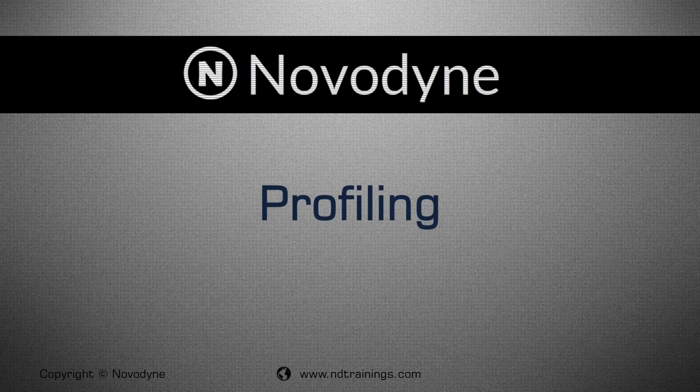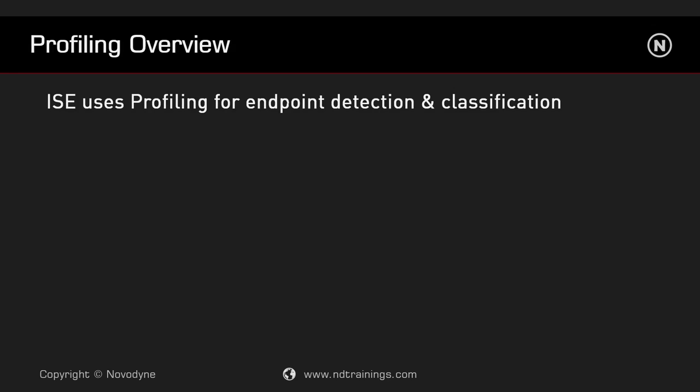In this section, we will take a look at what is known as the profiling engine of the Identity Services Engine, which is a special software component used by ISE to perform endpoint detection and classification.